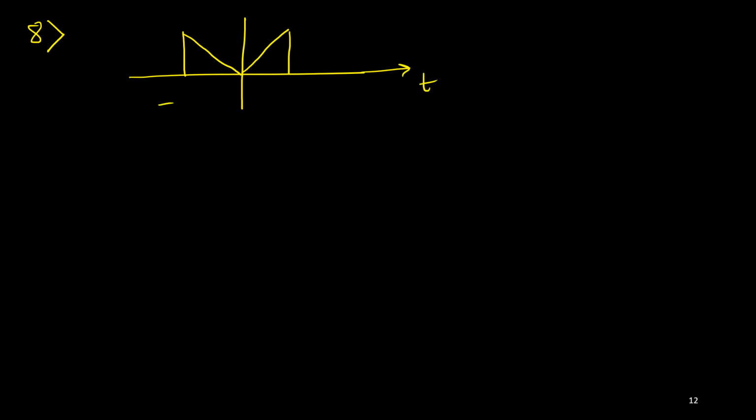This is minus t, this is plus t, and this height is 1. This is your x of t. Now, can I use the differentiation property to solve this problem? For this one we want to find x of j omega.